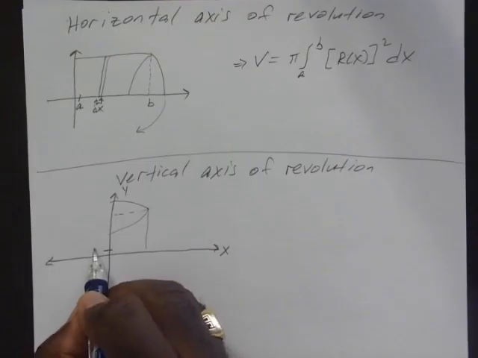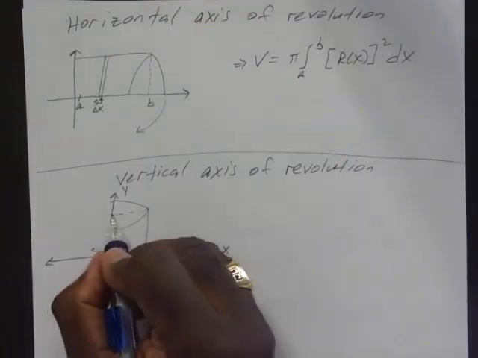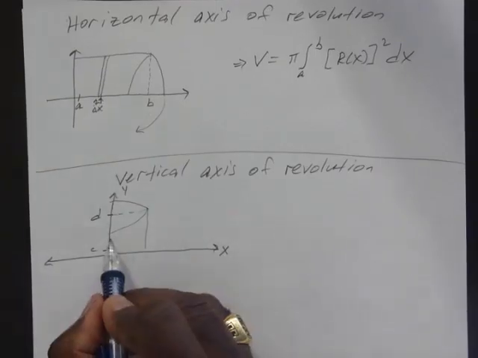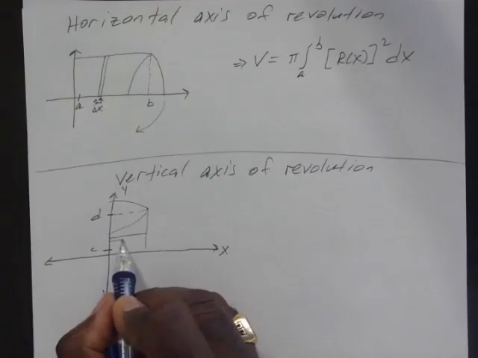And that's from the interval from c to d, where every disk we slice out of there is now your delta y.